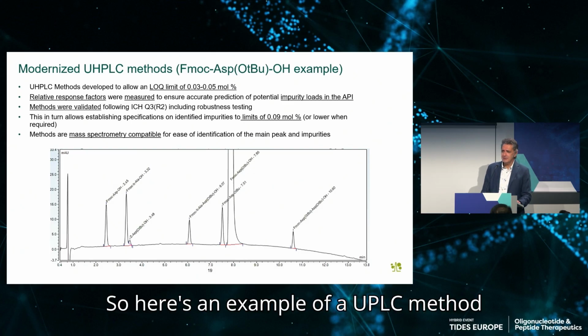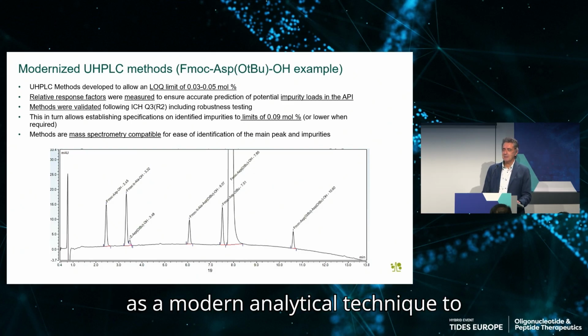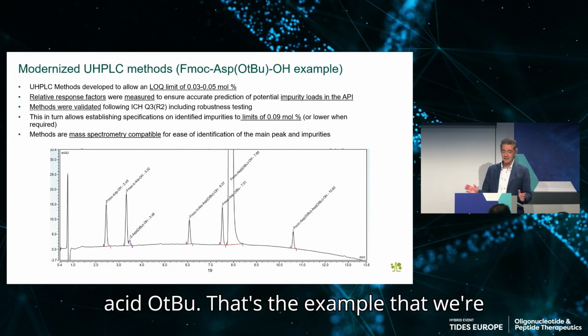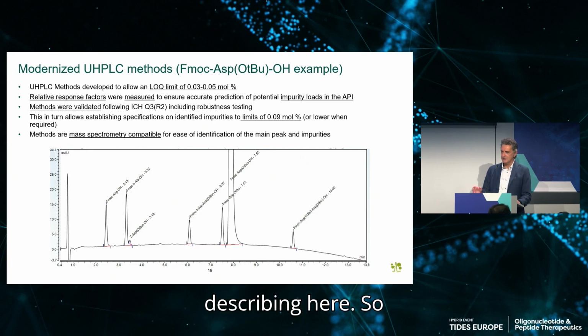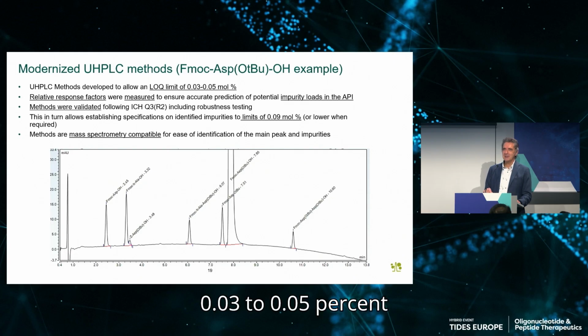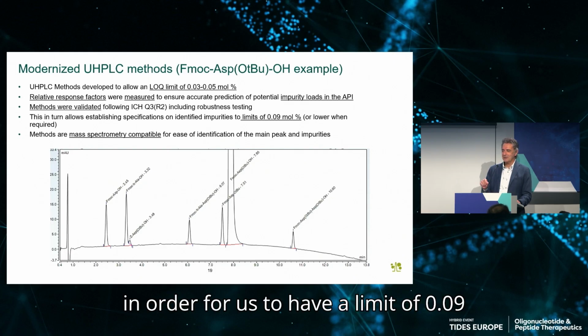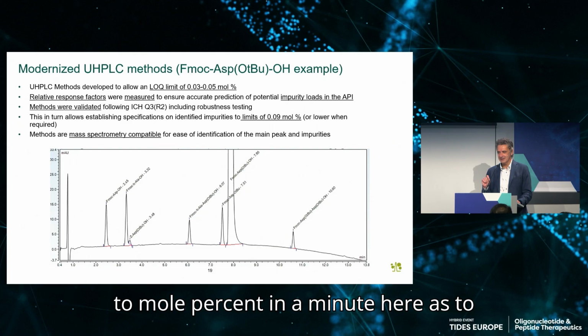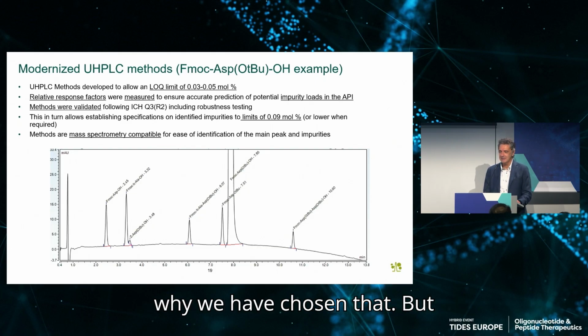So here's an example of a UPLC method as a modern analytical technique to separate all the impurities from FMOC aspartic acid OtBu. That's the example that we're describing here. The method has to have an LOQ limit of 0.03 to 0.05% in order for us to have a limit of 0.09 mole percent. I'm going to come back to mole percent in a minute as to why we have chosen that.